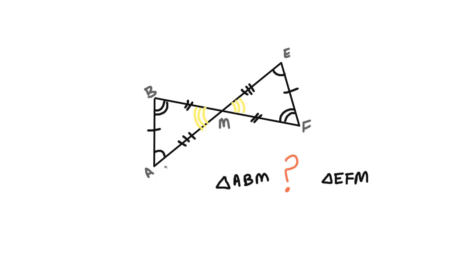And that's because all of the angles are congruent and all of the sides are congruent between the two triangles. So now we can erase this question mark and put the congruent symbol in between, which will finalize this statement here saying that triangle ABM is congruent to triangle EFM.